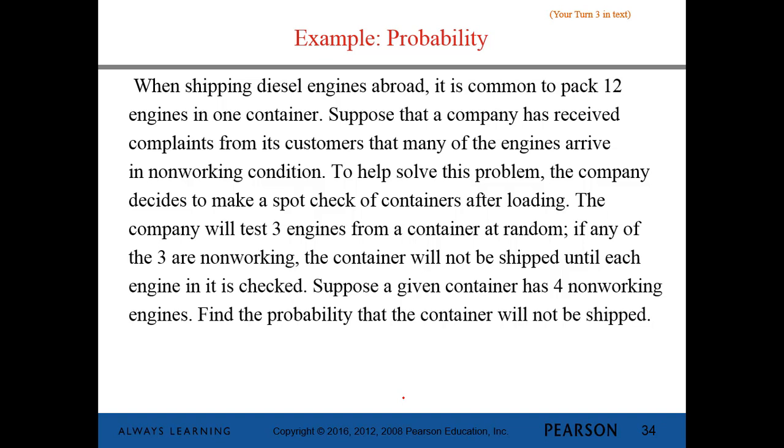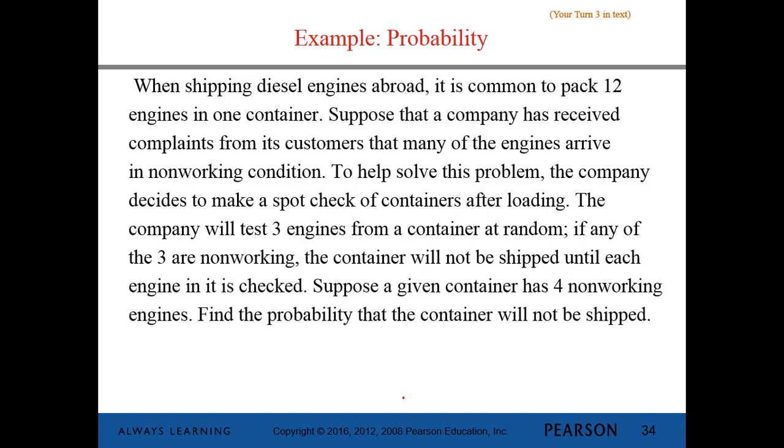Okay, so in this case, how many engines are in the container? We have 12. We're going to select 3 engines at random out of the 12. We know that 4 of the 12 engines are not working.